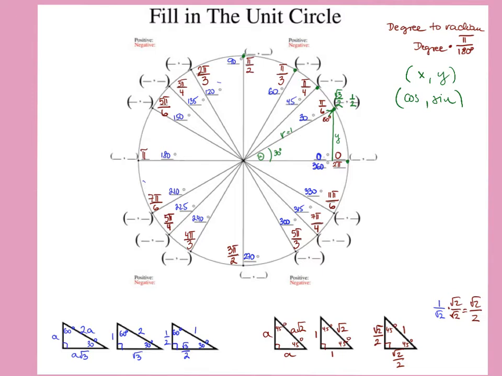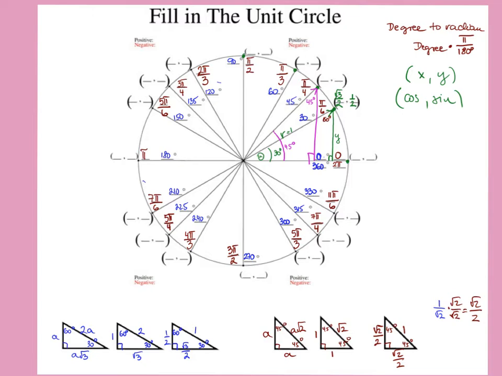So now let us make another triangle for the 45-degree angle. So again, I am going to make my right triangle with the right angle being on the x-axis. And so then the angle here is going to be 45 degrees because my terminal side is on the 45 degrees. So that means the triangle's second angle is also going to be 45 degrees.